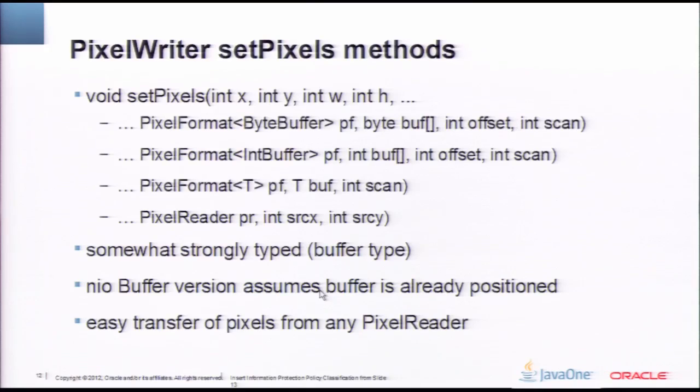The NIO buffer version assumes that you've positioned the buffer prior to handing it to us, so it does not take an offset, and it provides easy transfer of pixels from any pixel reader. The pixel writer talks to pixel readers, but we didn't really provide the other half of that method because this was an easier way to implement it.